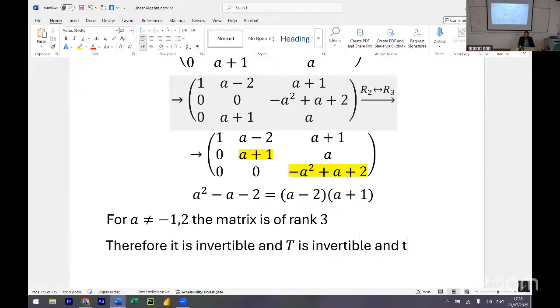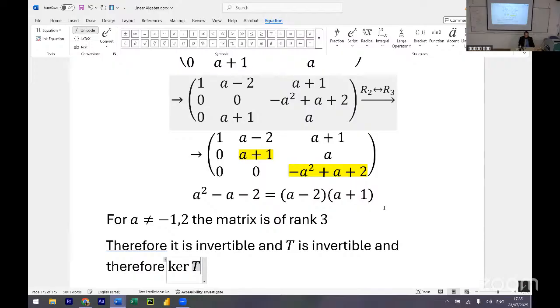And therefore the kernel of T is 0, and is 0 dimension.